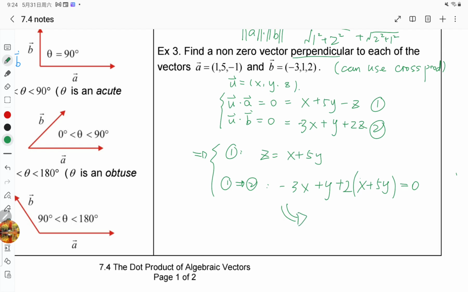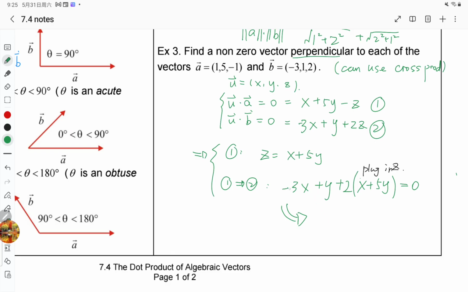And so I get a relation after two equations for three variables. We can only reduce 2 degrees of freedom, meaning reduce 2 free variables, but still, okay, you'll see. So z is equal to x plus 5y, right? And then I plug in the z here, right? And then I get another relation for x, y.